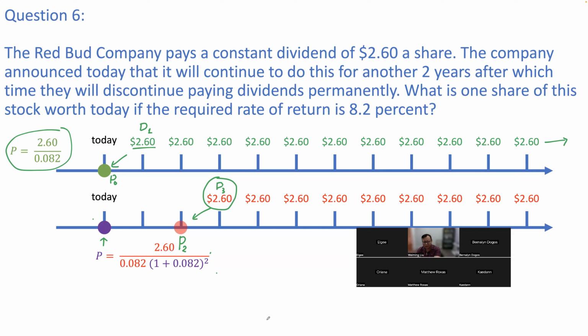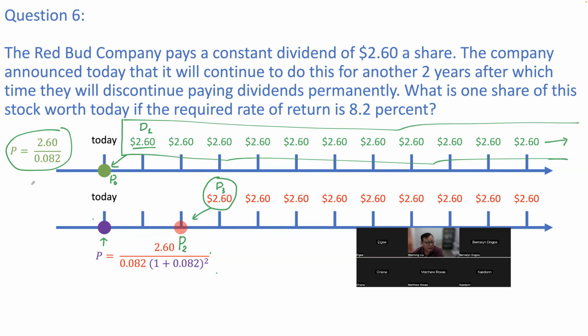So now I'm going to do something. What if I know that all these streams, from here to here, give me the value of green P? And I know all this red number gives me a value of purple P, right?